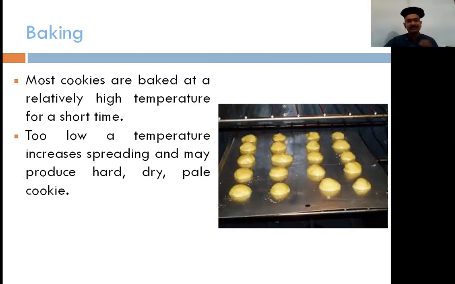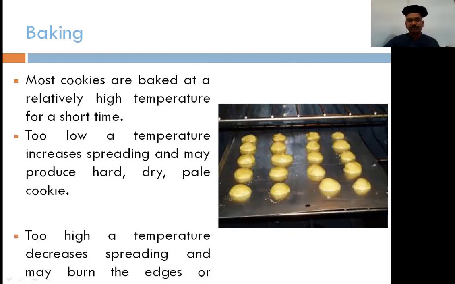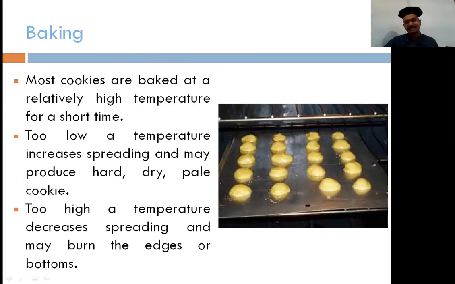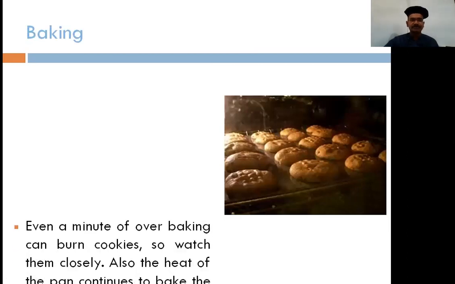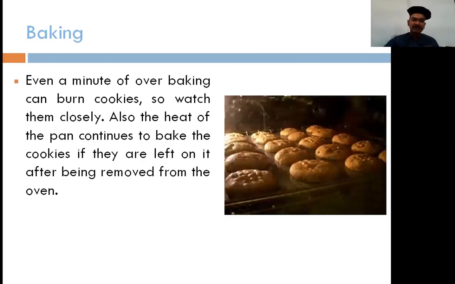So there will be an increase in spreading, and your cookie texture, color, and everything will not be good. Too high a temperature decreases spreading and may burn the edges or the bottoms also. So you need to be a little careful when you do that. Even a minute of over baking may burn the cookie. So watch them very closely every time.